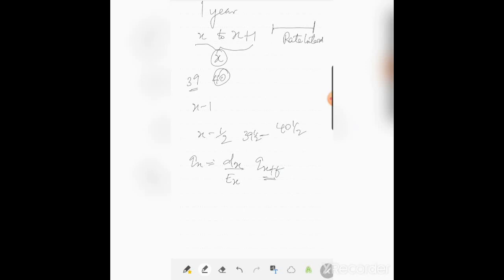So this is one way I can estimate the q-type mortality, by using the initial exposed to risk. Or if I'm using the force of mortality mu x, then I'll go with dx divided by the central exposed to risk.